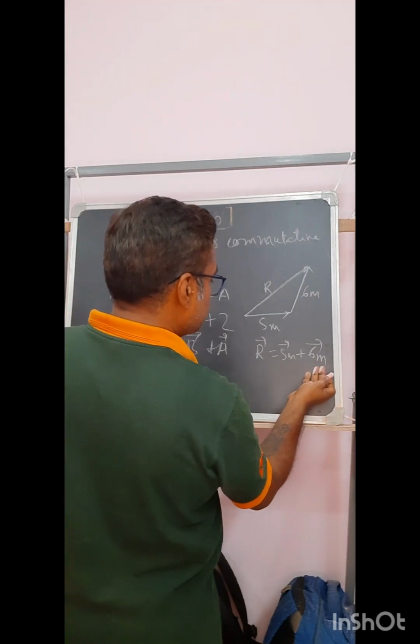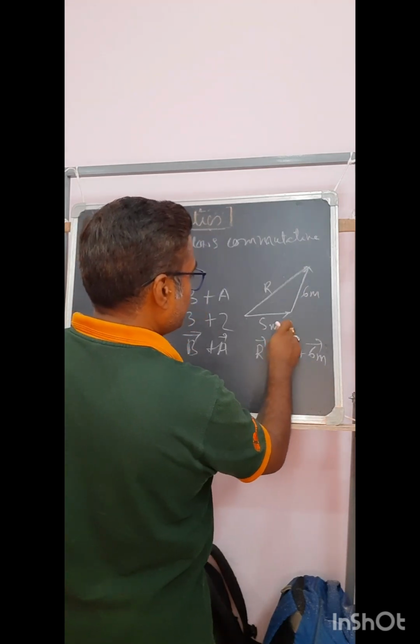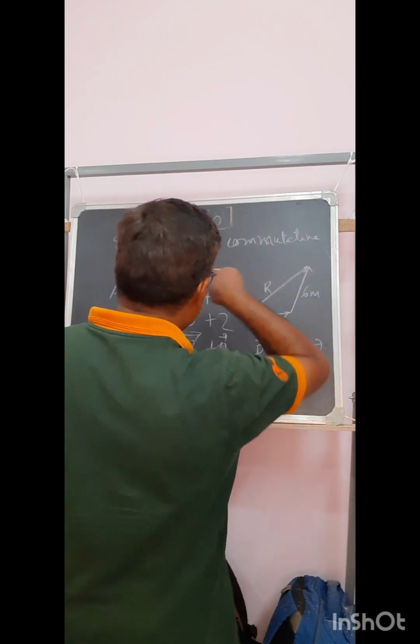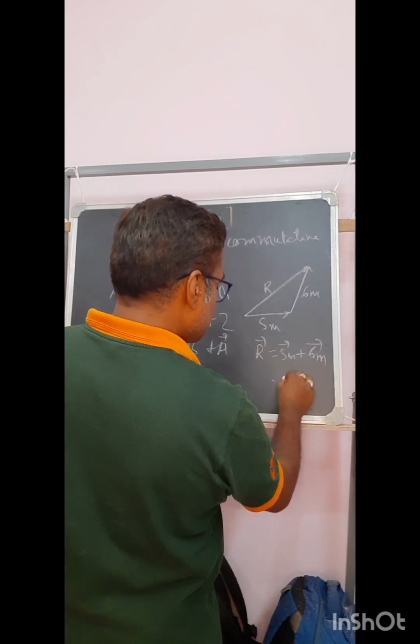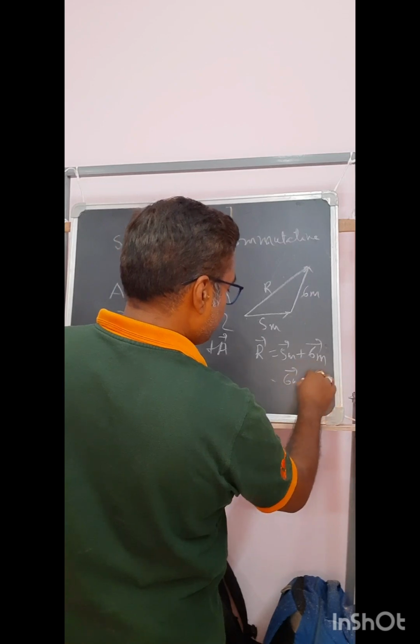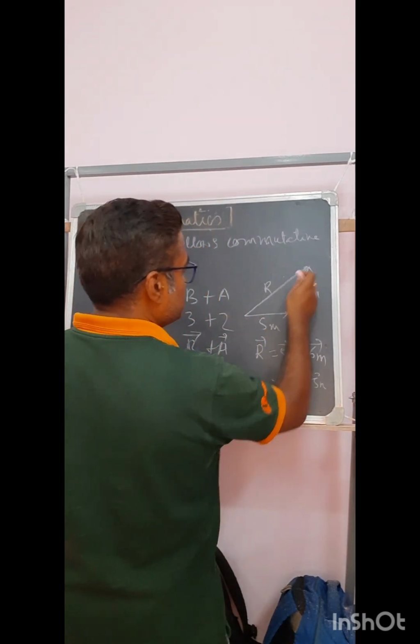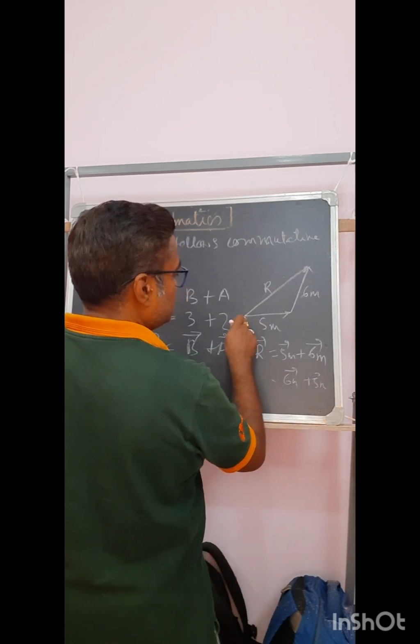Now we have to get 6 followed by 5. Now 5 was coming first, then 6. To get the 6 meter vector first, followed by the 5 meter, we have to change the position. That means this head has to be attached to the tail.